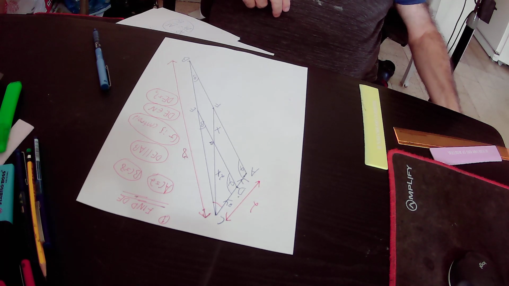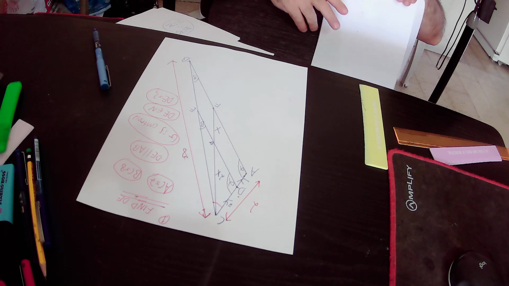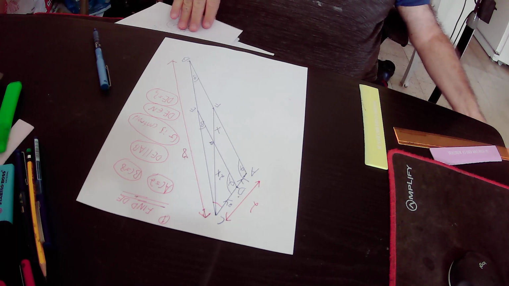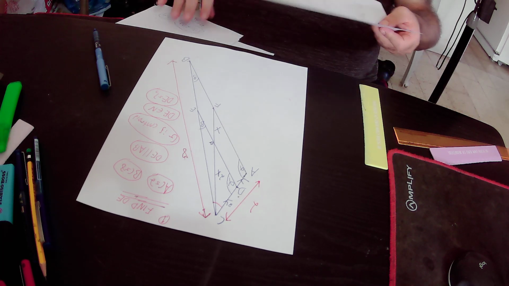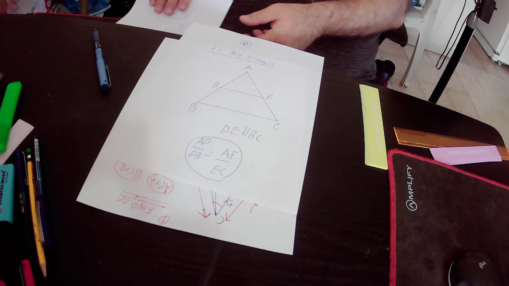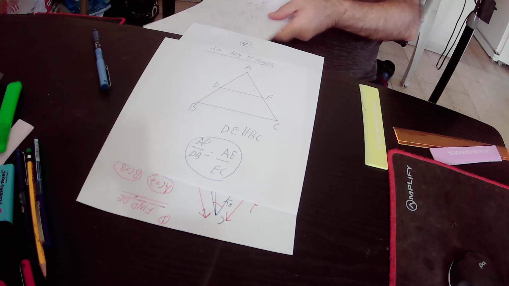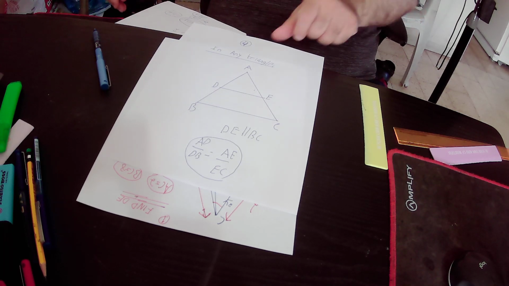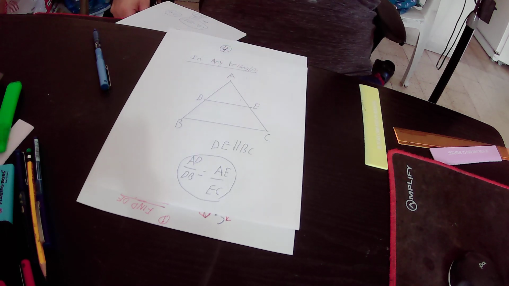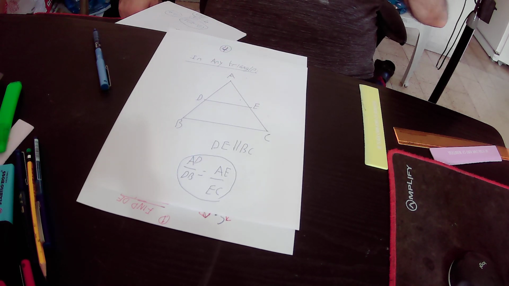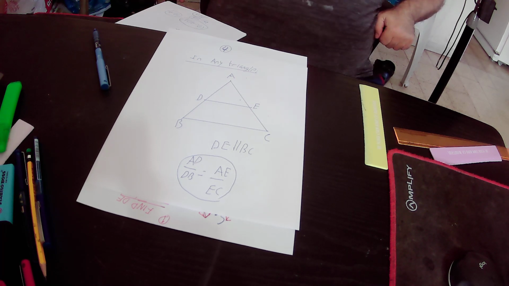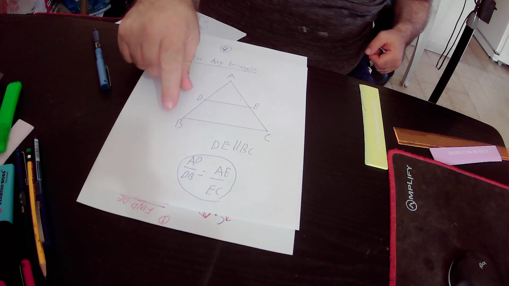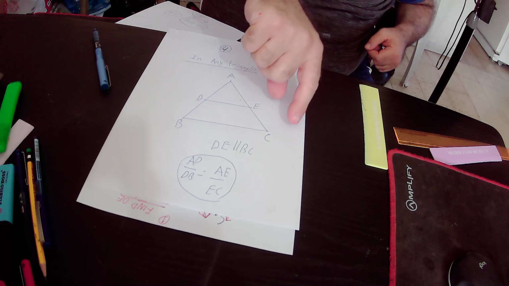And we also have another rule that is true in any triangle. In any triangle, if we know that in triangle ABC, line segment DE is parallel to BC, then the following equality is true: AD over DB equals AE over EC.